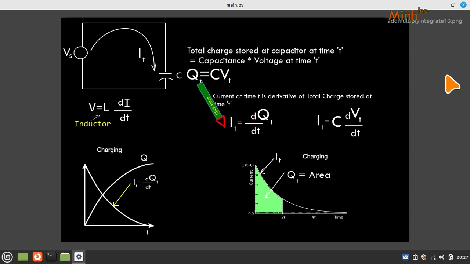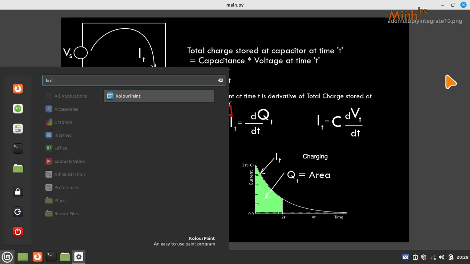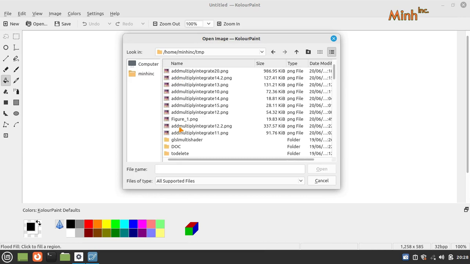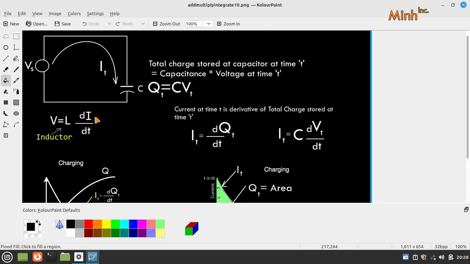The charge, how much charge is stored at any time, is the integration of the current.